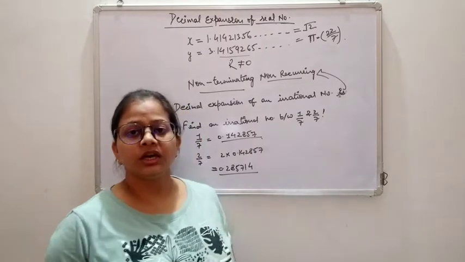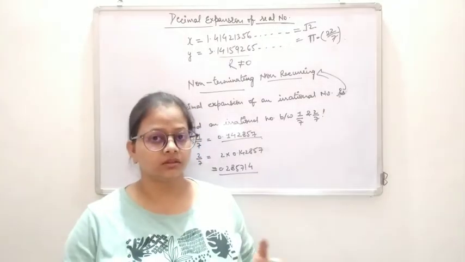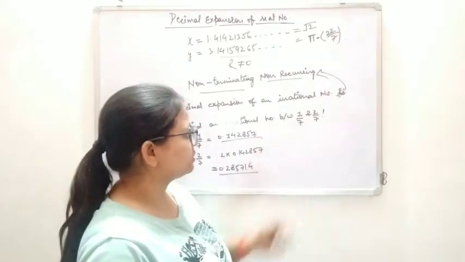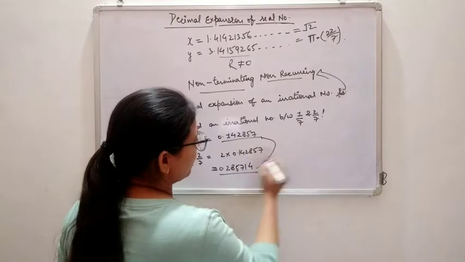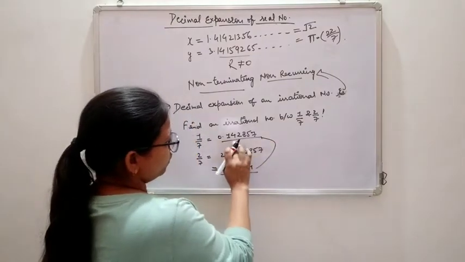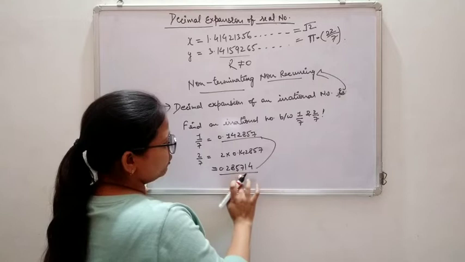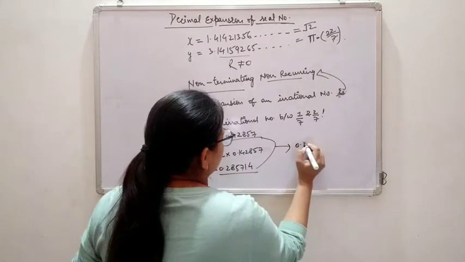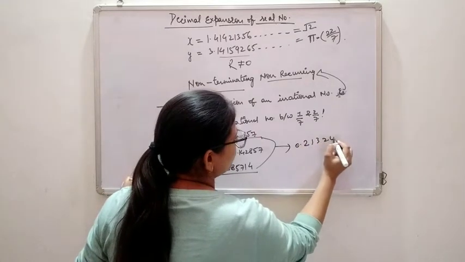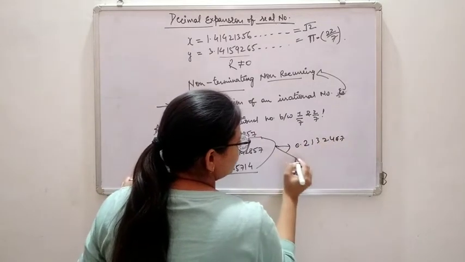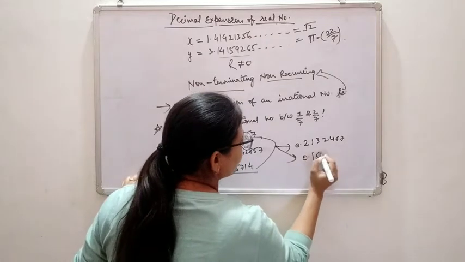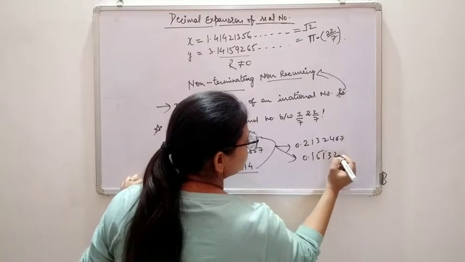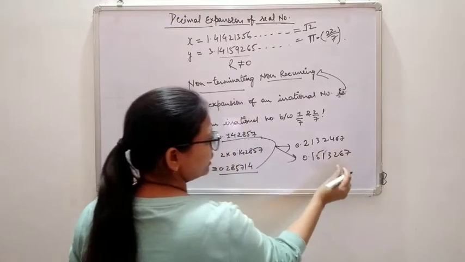So you know that there are infinitely many values between any two rational numbers, right? So you can take any value between 0.142857 and 0.285714. Like I can take any value like 0.153132... anything you can take, right?